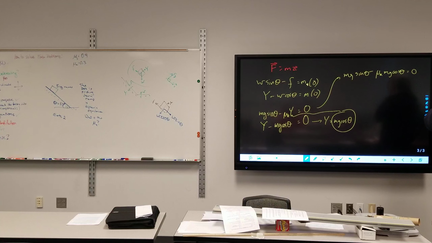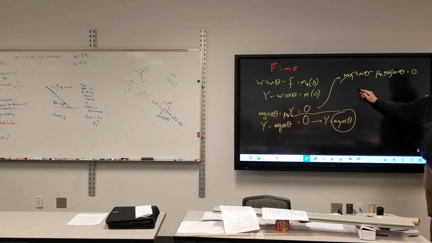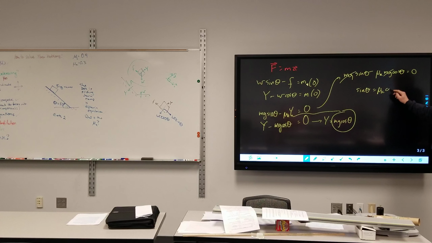Giovanni, could you add mu k mg cosine theta to both sides and then divide it all by m to take out the mass and show? Absolutely. So this comes over, mg cancels out, and we're left with sine theta equals mu k cosine theta, or mu k is sine theta over cosine theta.